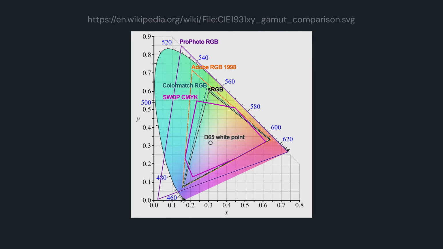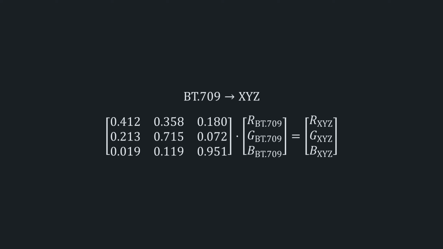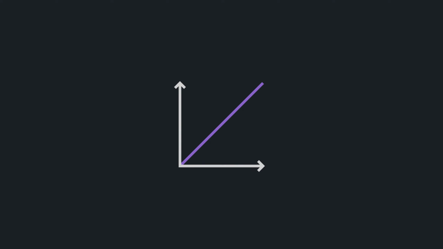We can convert between different gamuts and white points using 3x3 matrix multiplications, although transfer functions need to be handled separately.